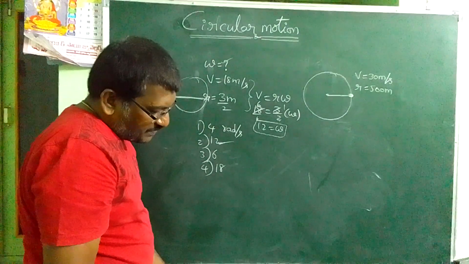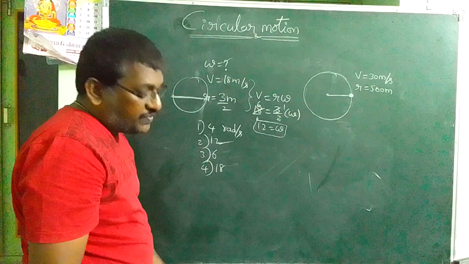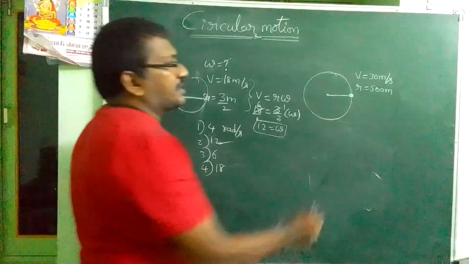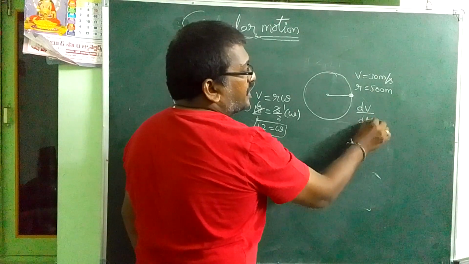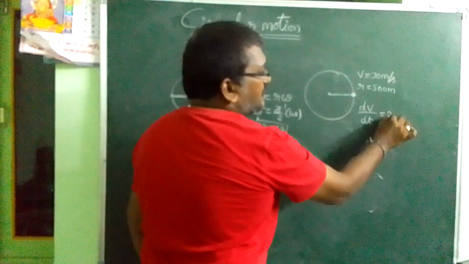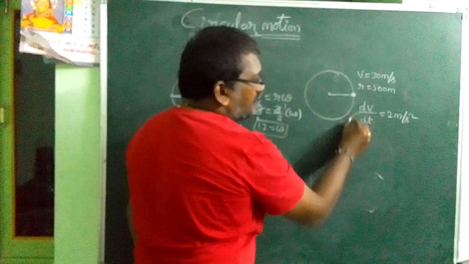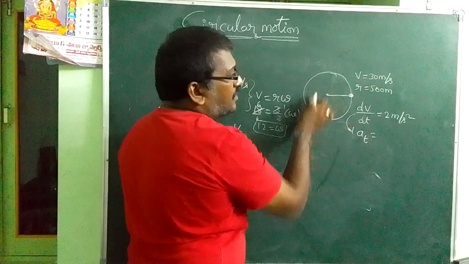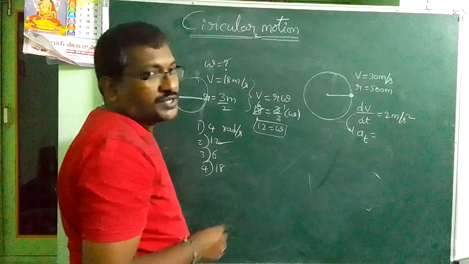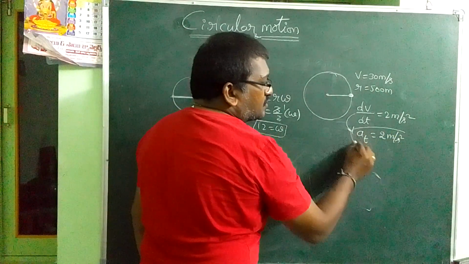The speed of the car is increasing at the rate dv by dt, given here as 2 meters per second square. dv by dt is nothing but tangential acceleration. Indirectly, the motion of this body is non-uniform circular motion. So tangential acceleration AT is equal to 2 meters per second square.